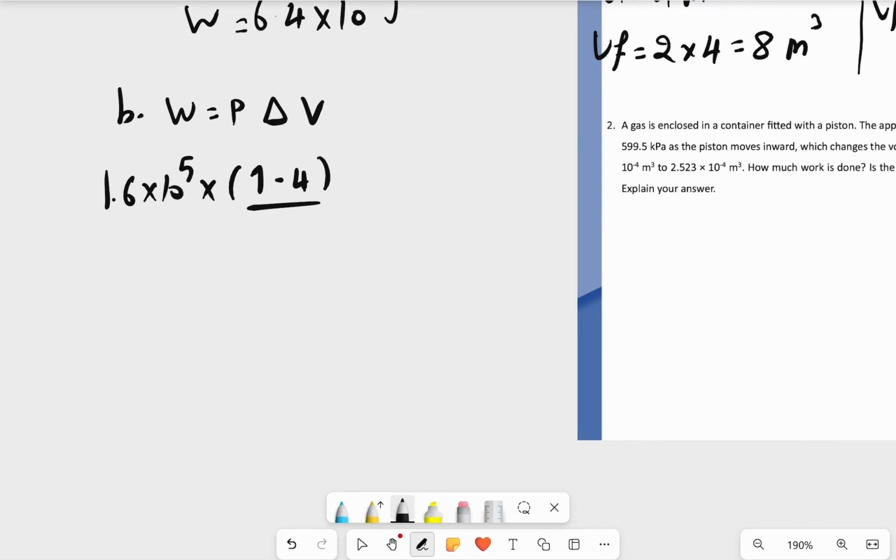Multiply all of this, and work is going to be minus 4.8 times 10 to the power of 5 joule. This negative only means that work is done on the gas. It's compressed. In the previous question, work was done by the gas and gas was expanding, okay?